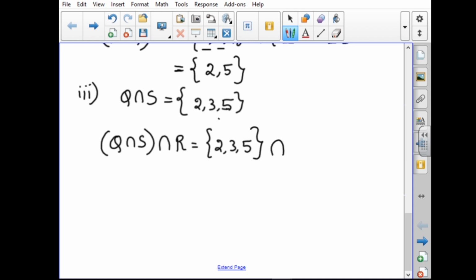Then intersection with R. R is {3, 4, 5, 7, 9}. So what are the common elements? 3 and 5. These are the common elements. So your first sum is over.